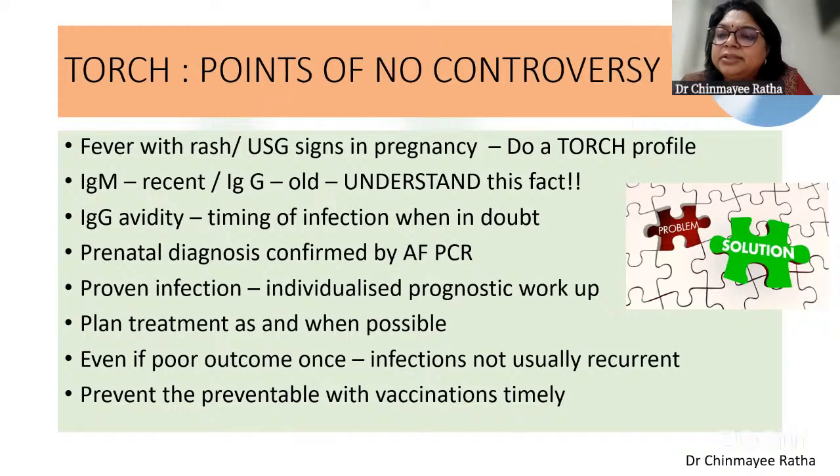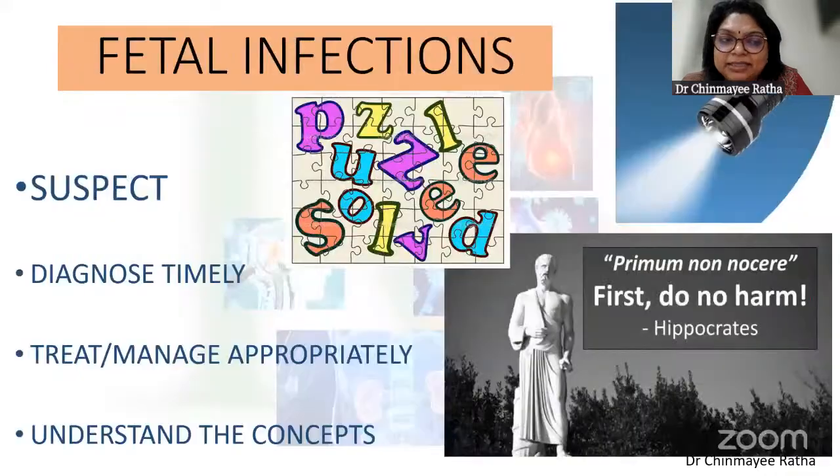Suppose it's a very, very bad situation and you think of discontinuing this pregnancy, then it will not happen in future. The recurrence of these problems is very, very minimal, and definitely not in the same severity. Whenever you can prevent something, prevent it by doing timely vaccinations.